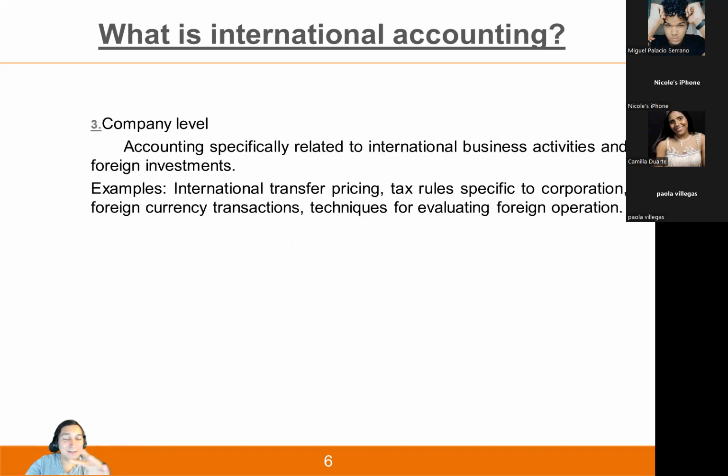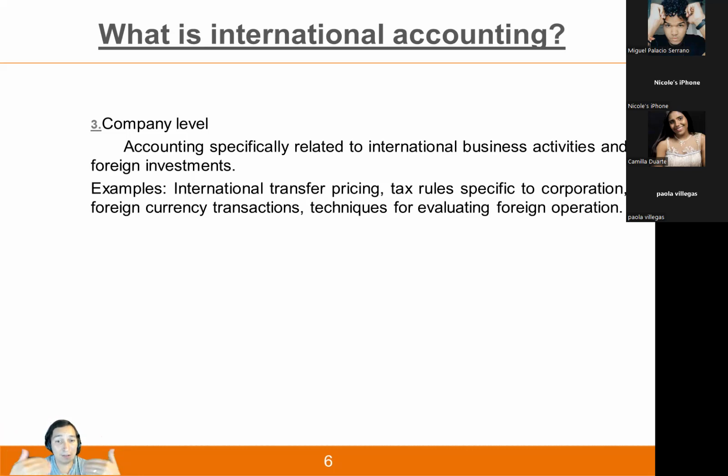Okay, and this is the level where we're going to work, which is the company level. The first one was a country or worldwide or international level, with organizations like the UN, for example. We will remain at the company level, which is the accounting specifically related to international business activities and foreign investments.